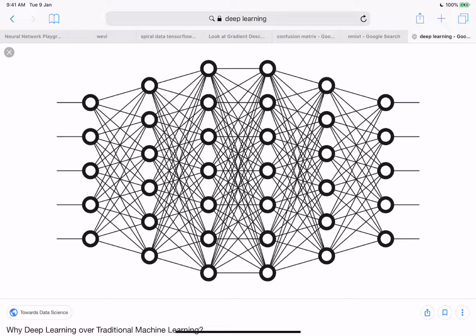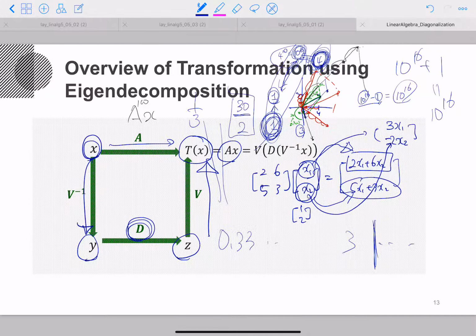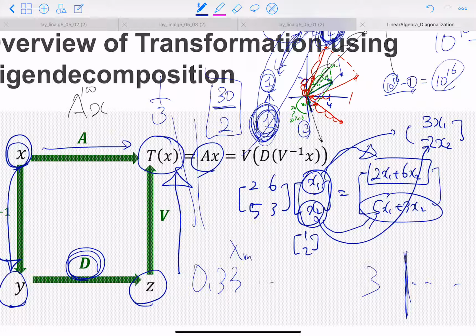So in that case, it is generally better to have a small gap between the smallest eigenvalue and the largest eigenvalue for this matrix and this matrix and so on.